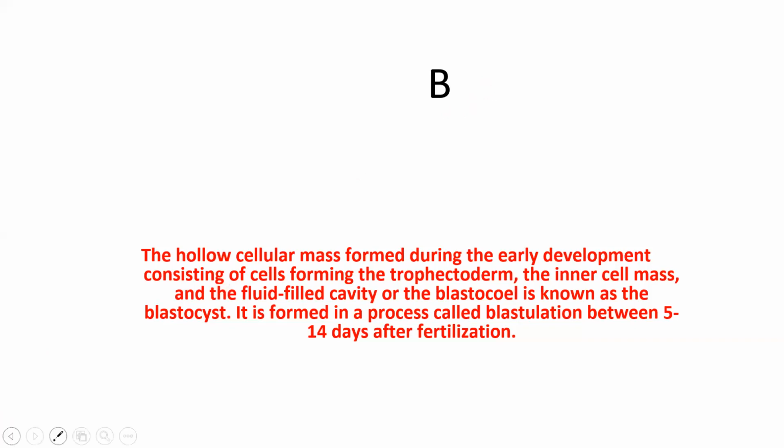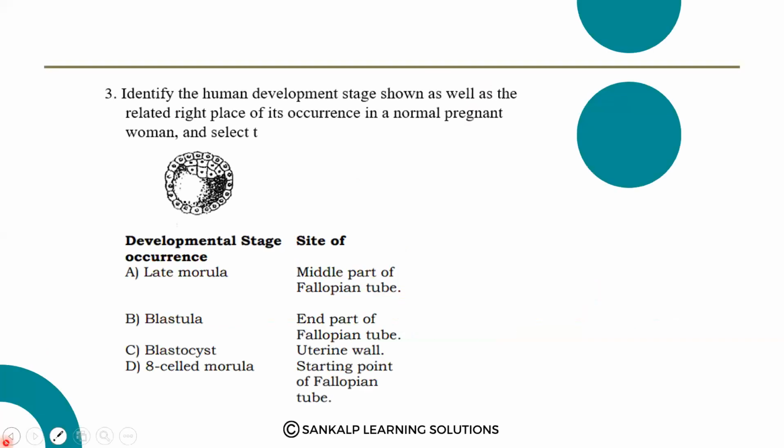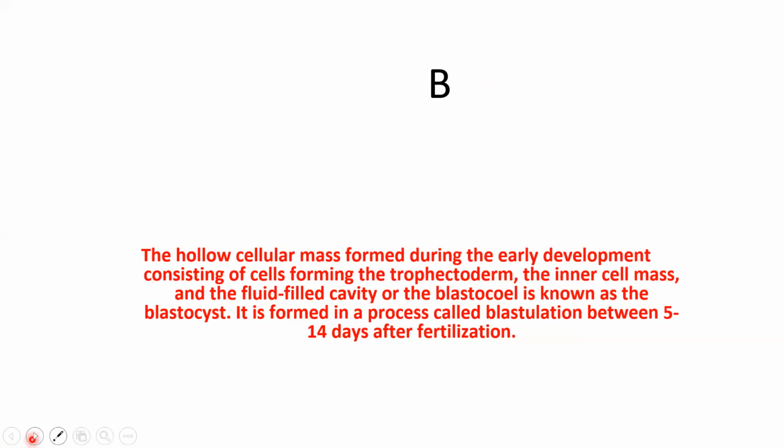It is not option B, it is option C, blastocyst. As you can read here, it looks like a hollow cellular mass formed during early development, consisting of cells of trophoectoderm and inner cell mass, with a fluid-filled cavity called blastocoel.